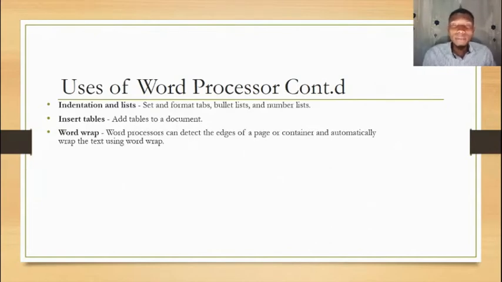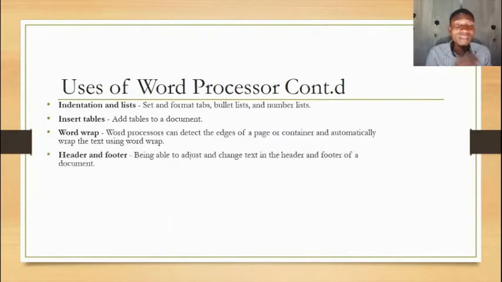So as you're typing, it does not get to the end of a page and continue going. Word processor is designed in a way that once it gets to the end of a page or the end of a margin, automatically it goes down to the next line and continues typing. So that's the word wrap.